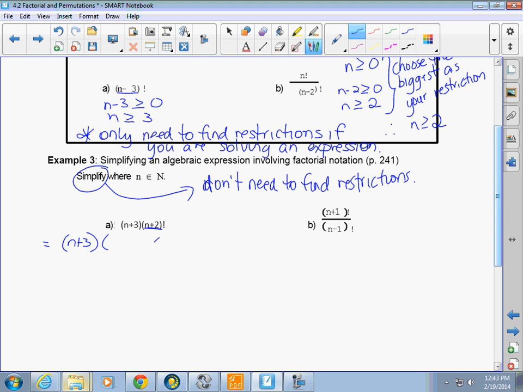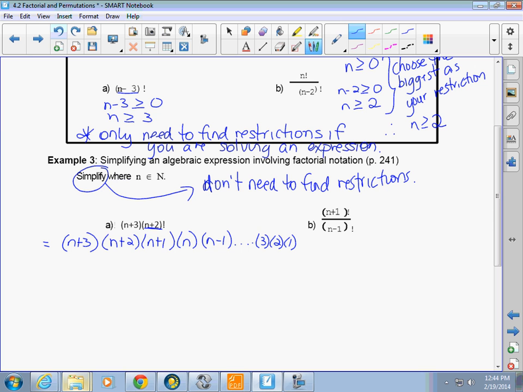If I had a bracket, I'll just draw in my bracket. If my brackets were like that, then it would apply to both of them. But because it's only on the back part there, it only applies to the n plus 2. So n plus 2 factorial, if we expand that, is the same as n plus 2 times n plus 1 times n, and then n minus 1, and then we could continue n minus 2, n minus 3, till we get to 3 times 2 times 1.